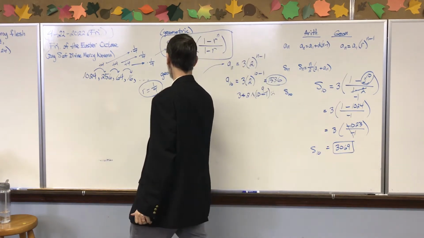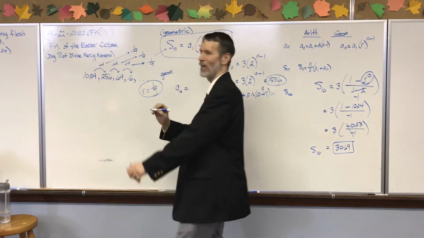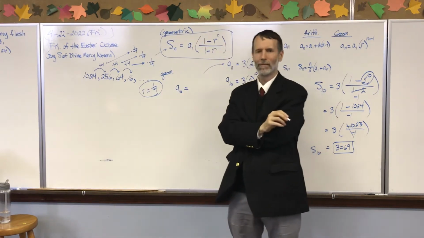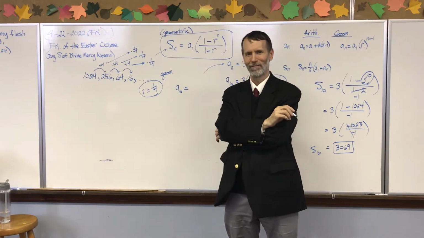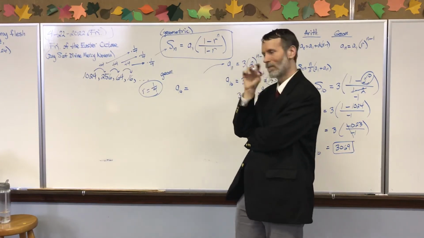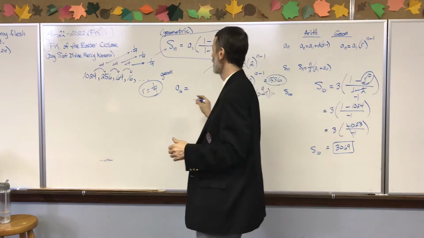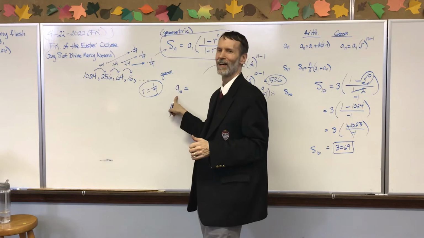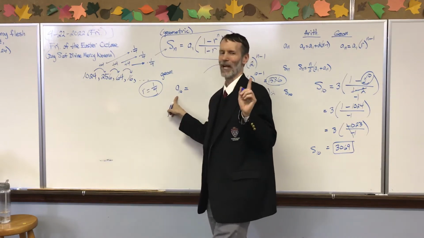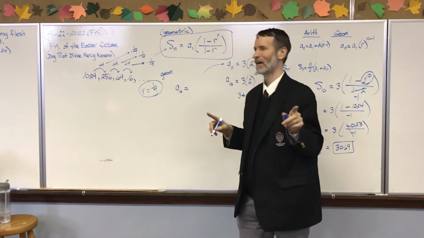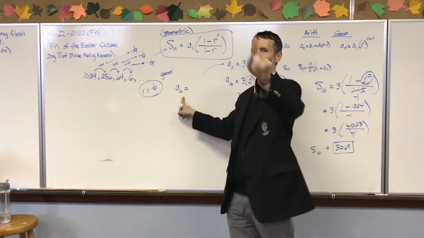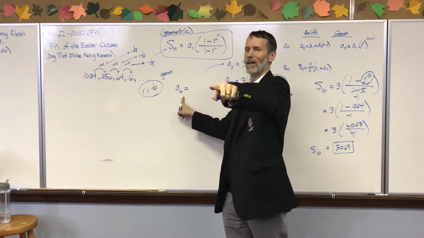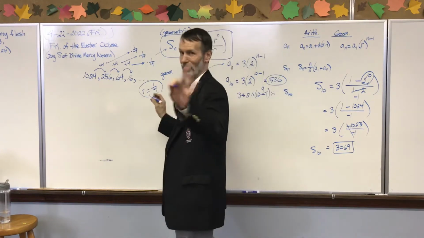So, here's my question for you. Can somebody find the 10th term? You do the formula. You do S_n. Wait a second, I'm not looking for the sum yet. I'll do that in a minute, but I want the 10th term. Okay, keep thinking.